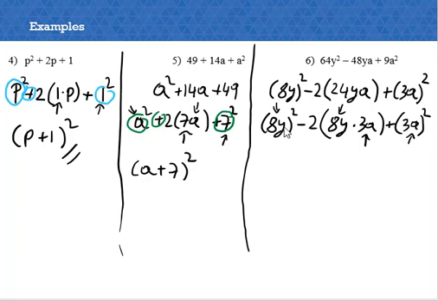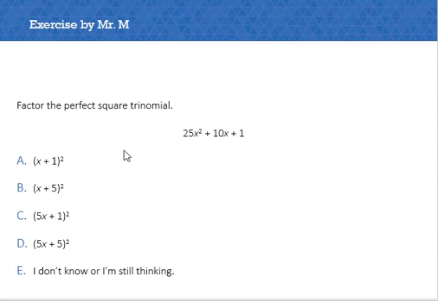So that means that we're just going to take 8y minus 3a. So we're going to write that as 8y minus 3a squared. Alrighty. So now time for you to try. So again, pause, do it, and see if you got it right, and then play it again.